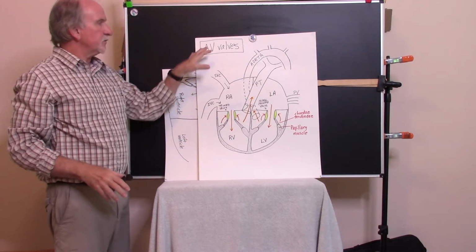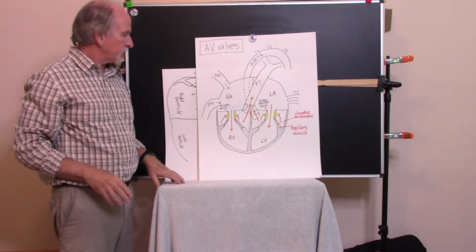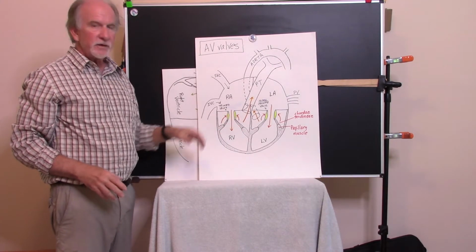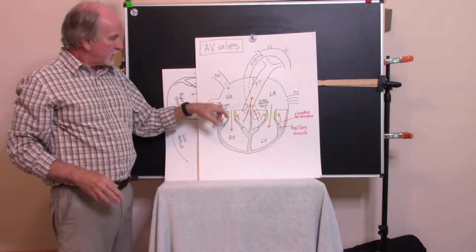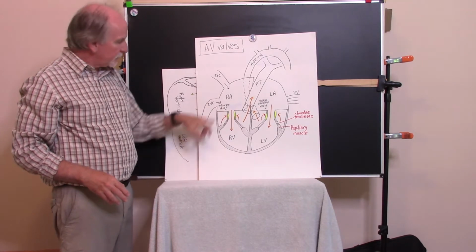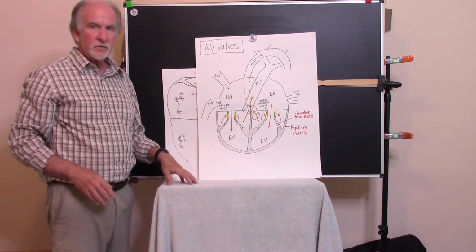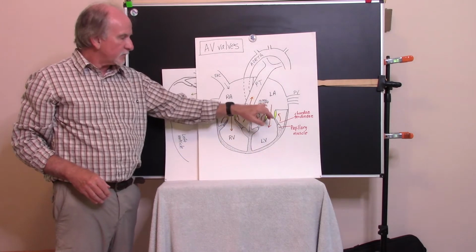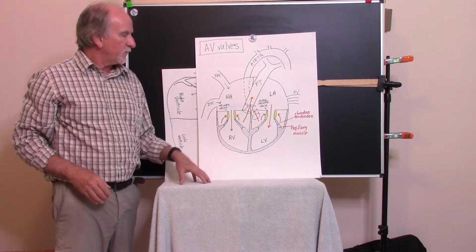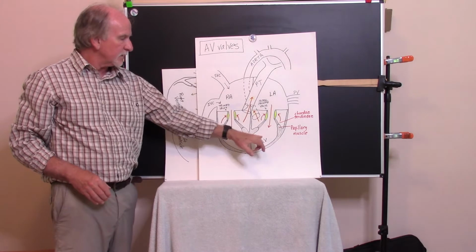Here's an illustration showing the AV valves. The flaps are shown in yellow. This would be the tricuspid valve found between the right atrium and the right ventricle. And this would be the mitral or bicuspid valve found between the left atrium and the left ventricle.